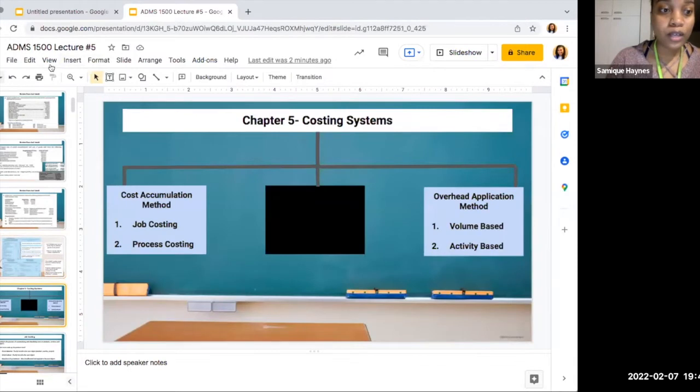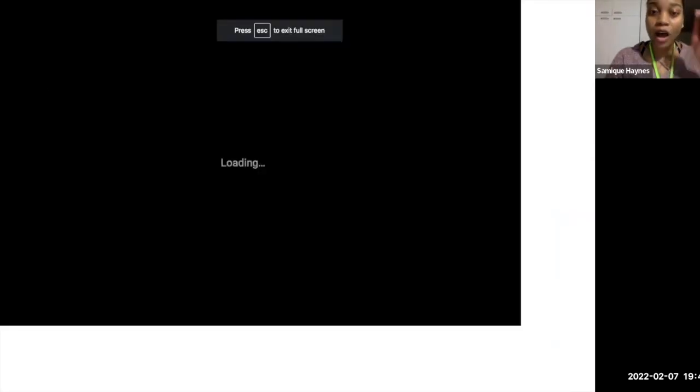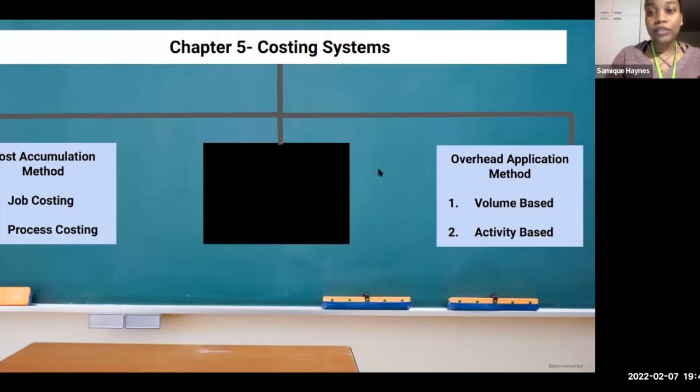Now let's move on. Chapter 5, costing systems. These are some of the terms we're going to be talking about, not just in today's lecture, but with Taslima, you will look at process costing, and you'll also look at job costing. We'll talk about it very briefly, just to understand what they mean in this lecture.